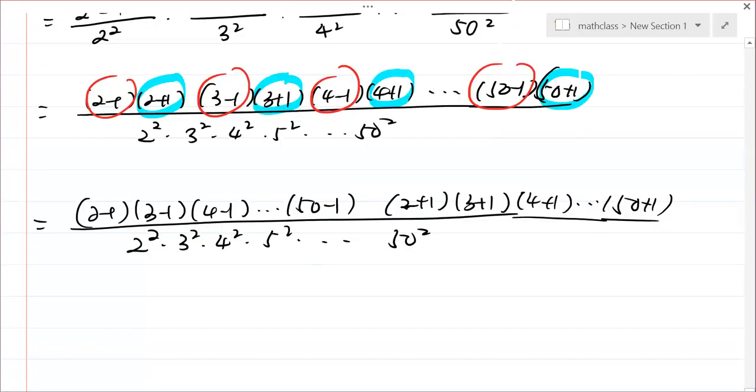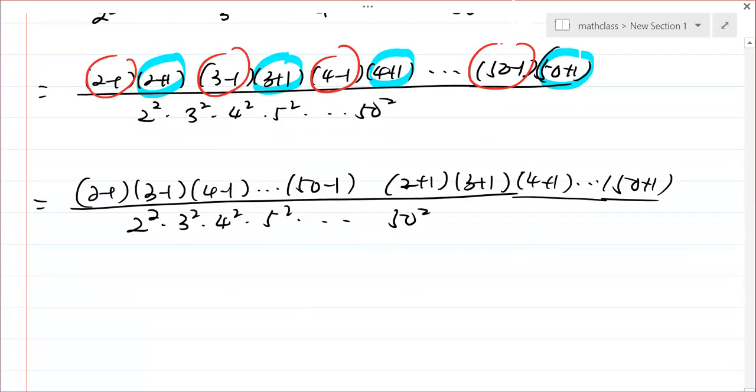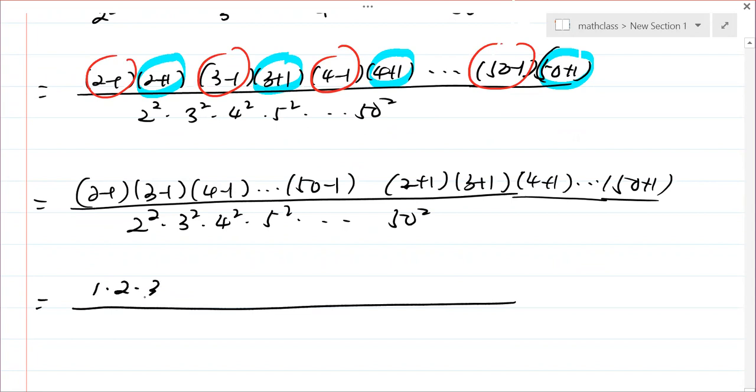Okay, what do you get? Not too bad. The numerator here is 1 times 2 times 3 up to 49. Another group, 3 times 4 times 5 up to 51.